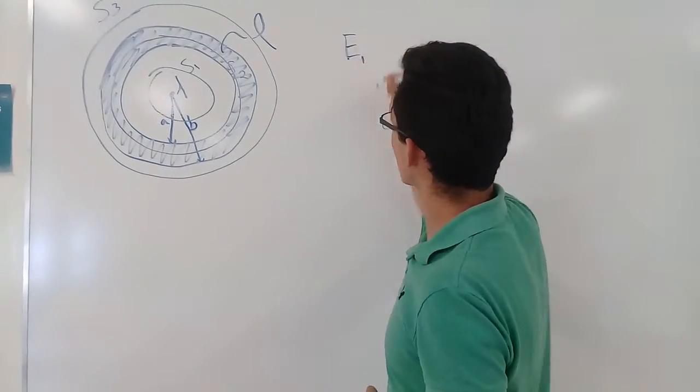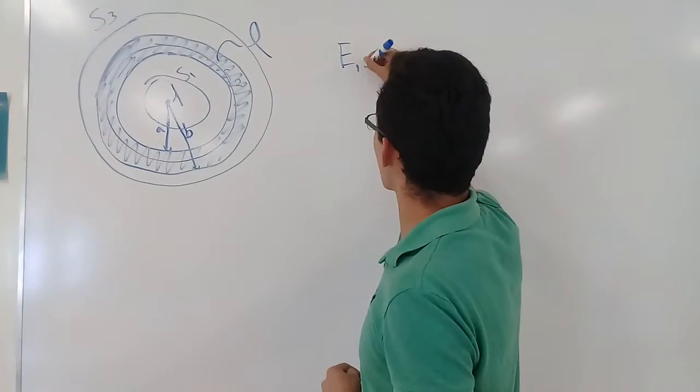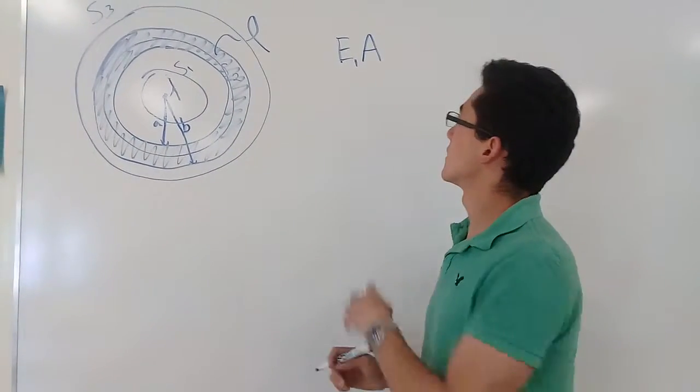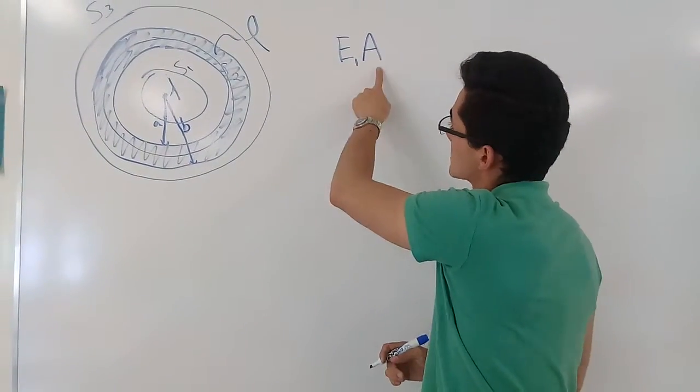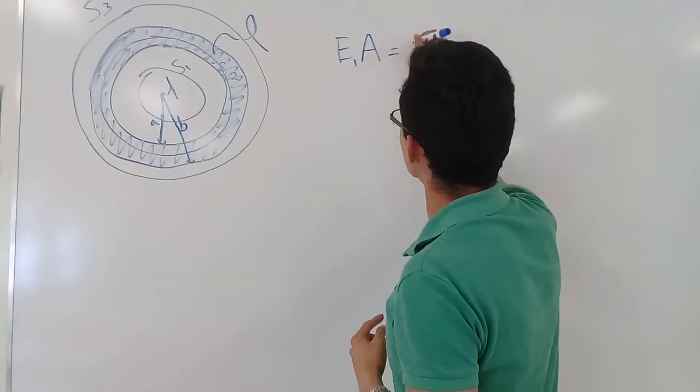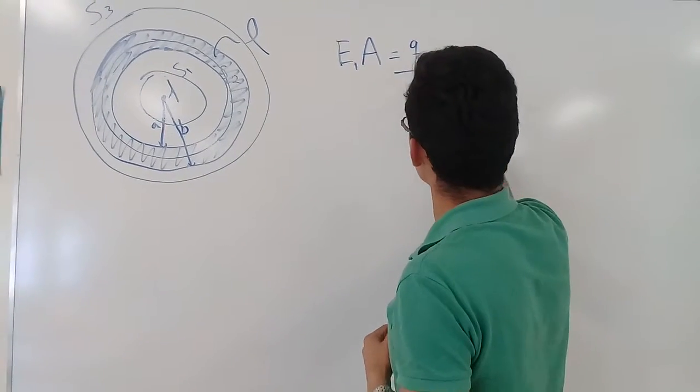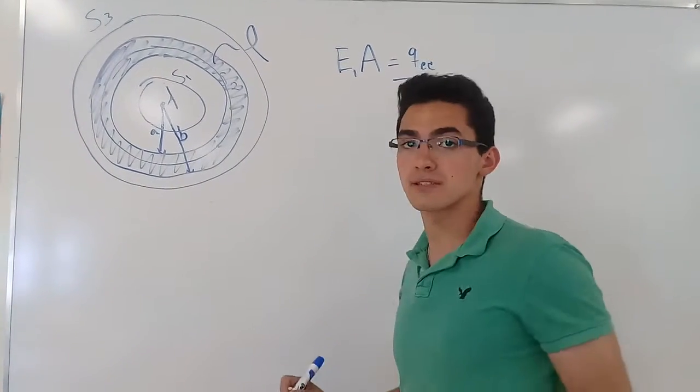So for determining the first electric field, we have to obtain the electric field by determining that the electric field times the area is equal to the enclosed charge over our constant.